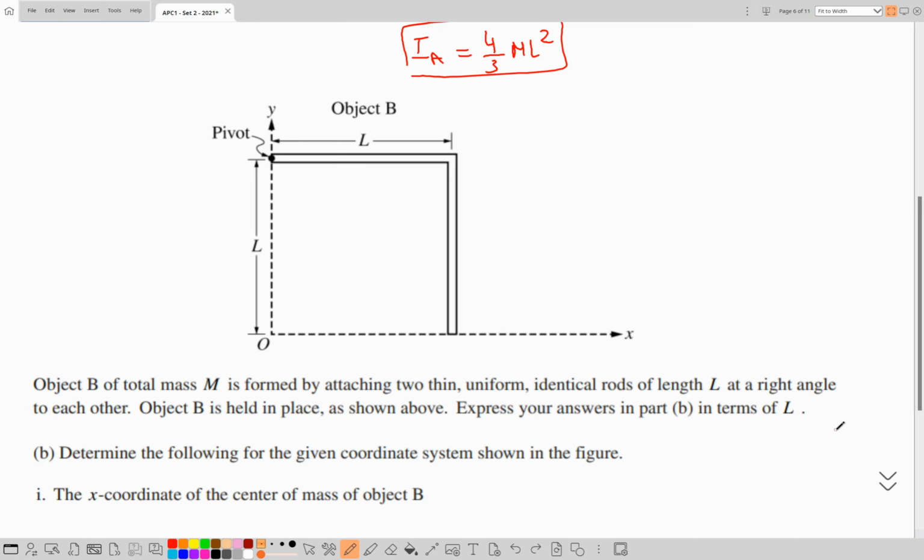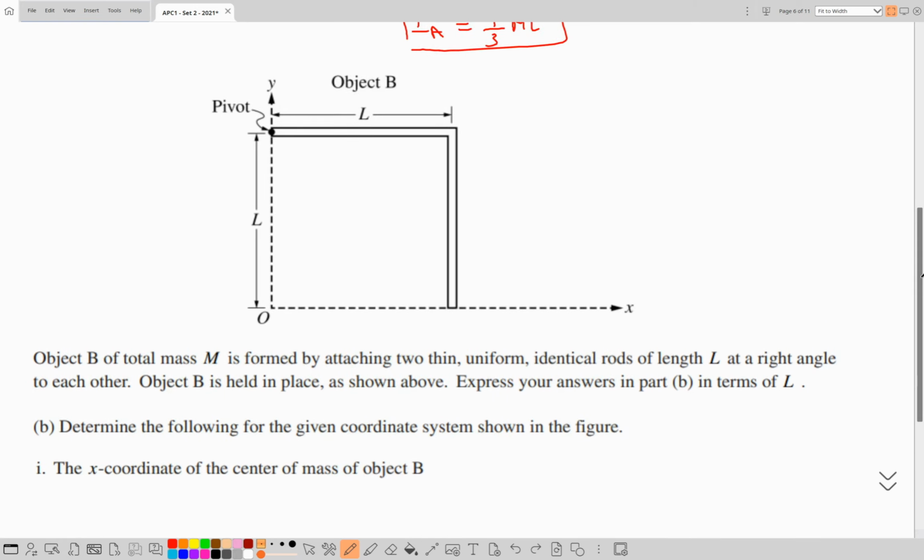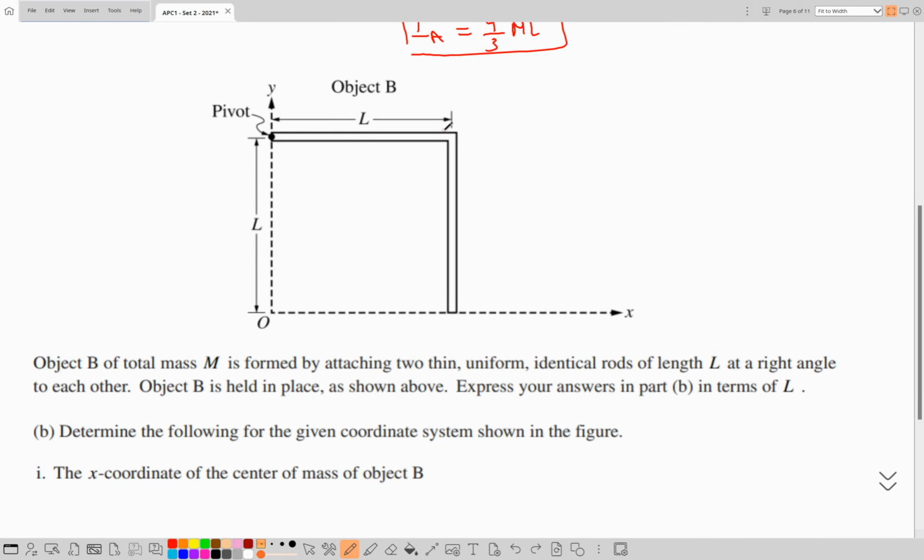Express your answer in part B in terms of L. Because this object is of uniform mass distribution, we expect that the center of mass for the first part would be located geometrically, which is here. That's the center of mass for this part. And the center of mass for the other part would be located here, geometrically at the center of the mass distribution.